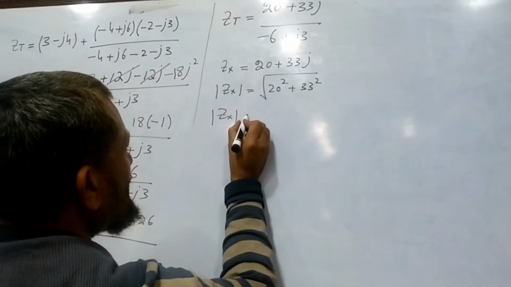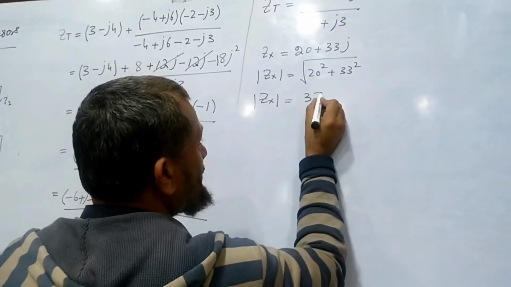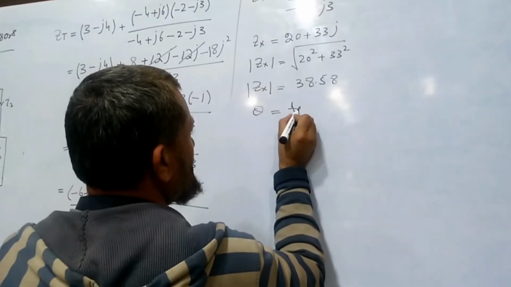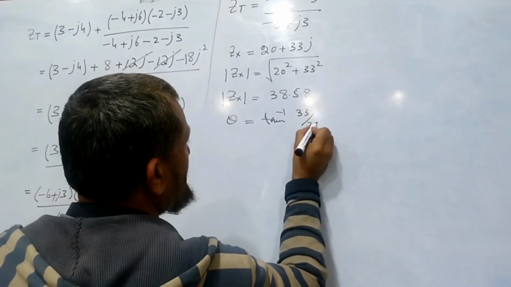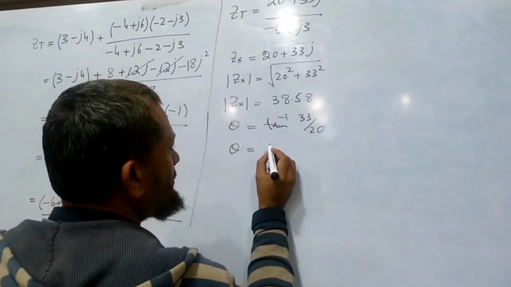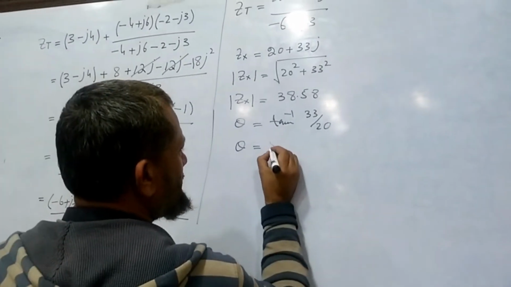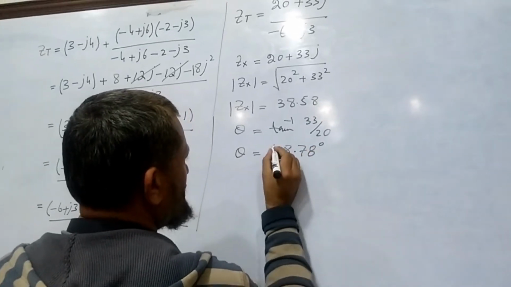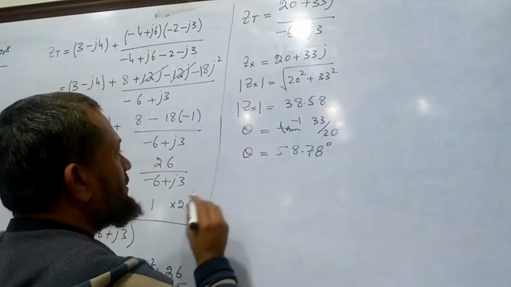Cross check it. How about theta? Tangent inverse 33 divided by 20 is 58.78 degrees. It is in radians in the calculator, but consider it in degrees.